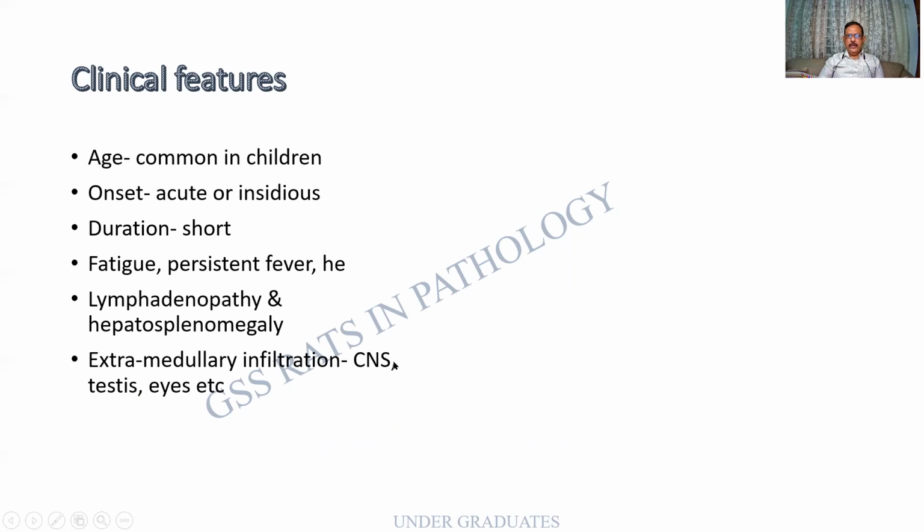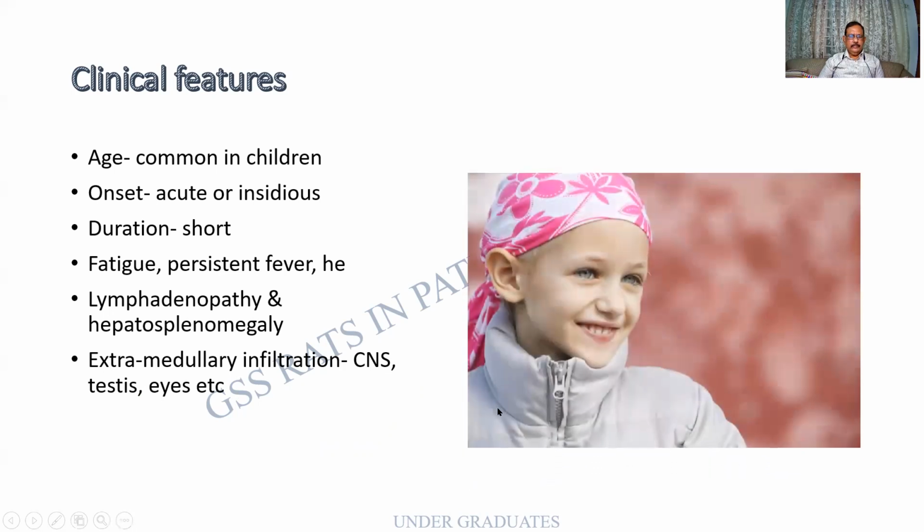Extramedullary infiltration into the CNS, testes, and eyes can be seen. Look at this child. Behind the smile, I can see an anemia, a sense of gloom. And obviously, there has been a chemotherapy and the child has lost its hair, which will again come back once the treatment is over.